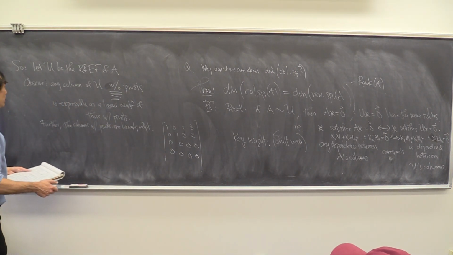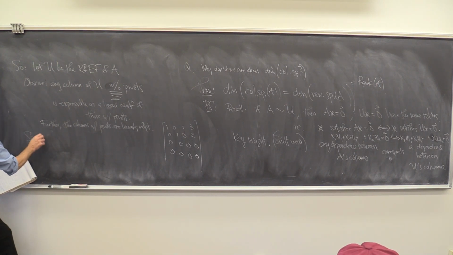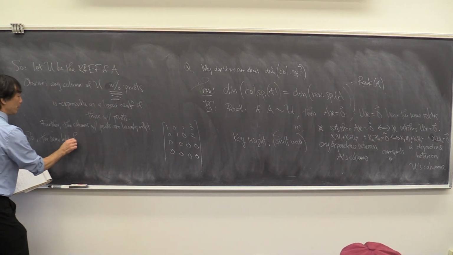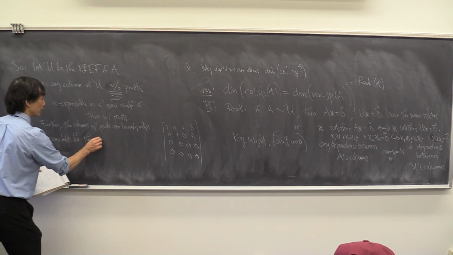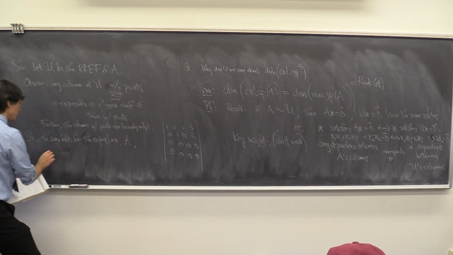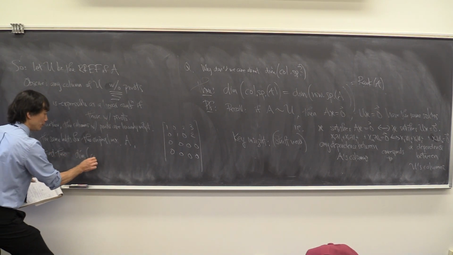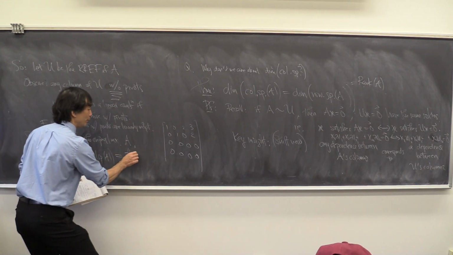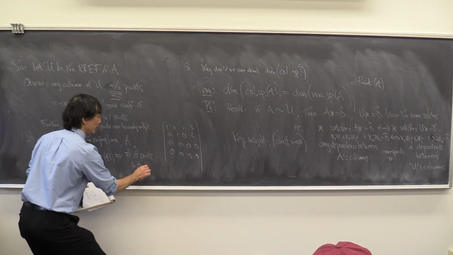So the same holds for A, the original matrix. And thus the dimension of the column space of A is just equal to the number of pivots in its reduced row echelon form.